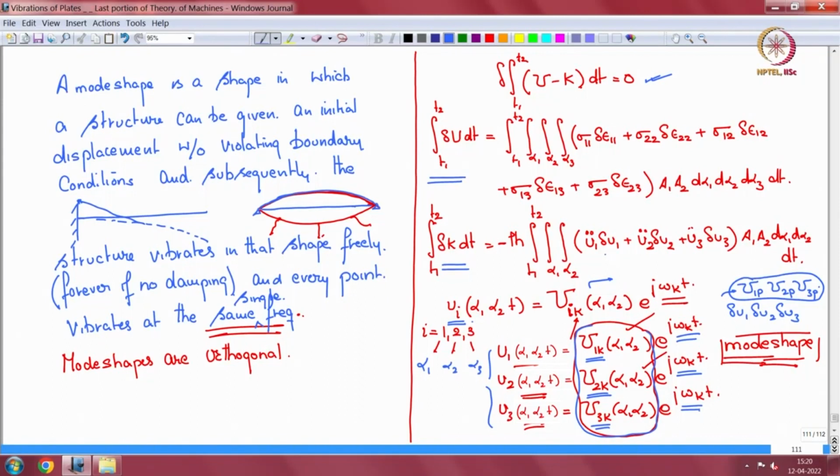Why? Because the variation should satisfy the boundary conditions. It cannot violate the boundary conditions. And so we will represent the variations as another set of mode shapes. So as a result, what do we see happening?